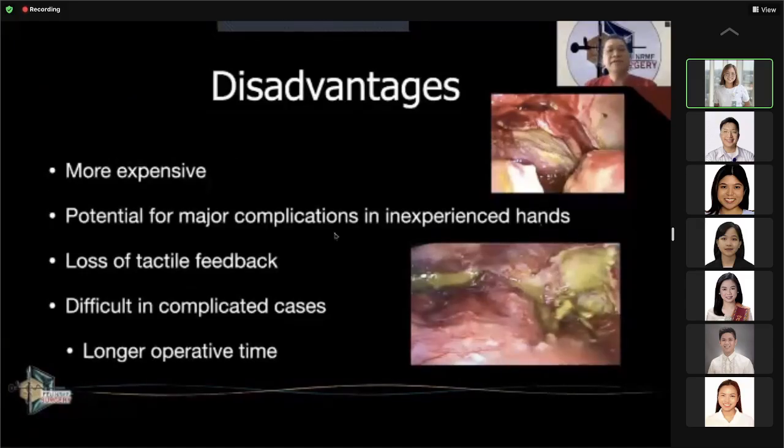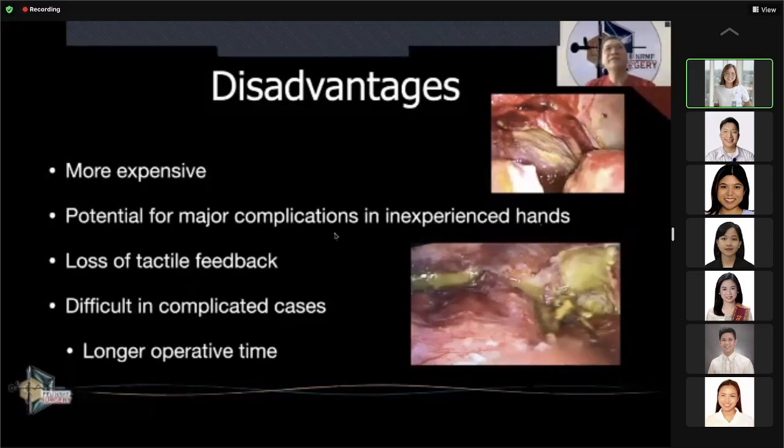Disadvantages. So the major disadvantage, they say, is that it's more expensive. The potential for major complications in inexperienced hands, the loss of tactile feedback because you're not touching the tissues directly, you use instruments, difficult and complicated cases, and therefore you expect longer operative time in those cases.